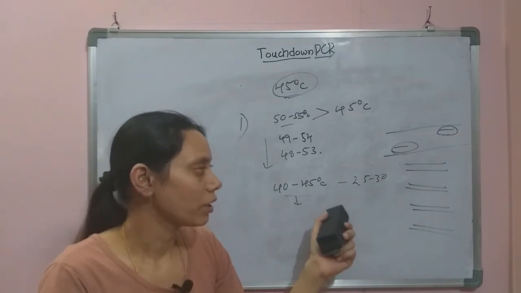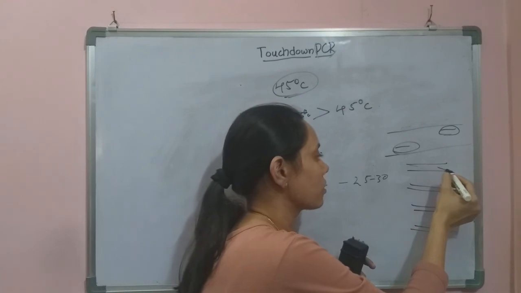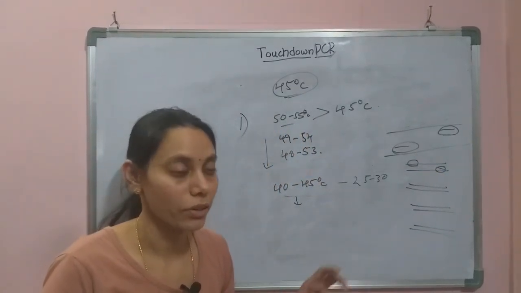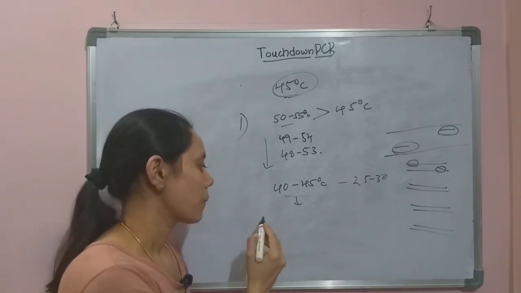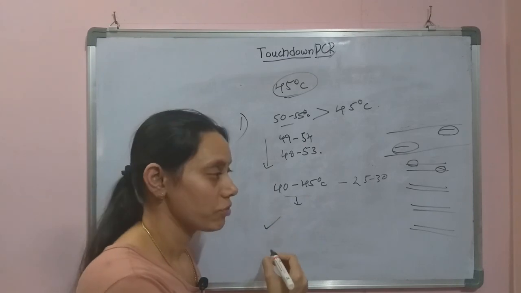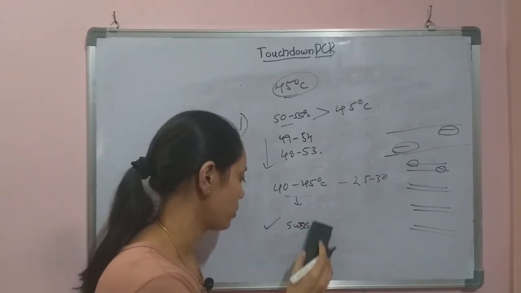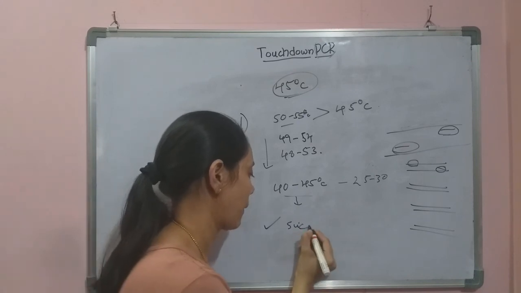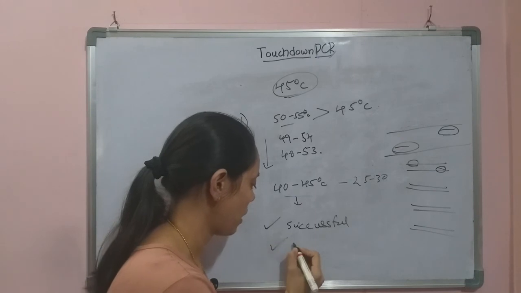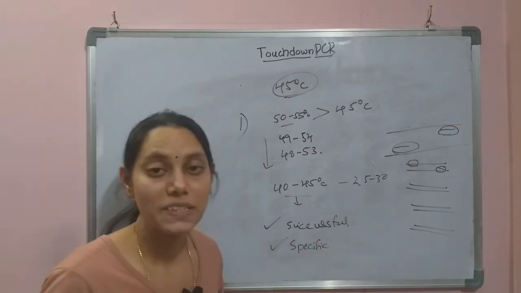Because of this low annealing temperature, primer binding to the already accumulated target sequence is easy, and the final result is successful PCR amplification. It ensures successful and very specific PCR amplification.